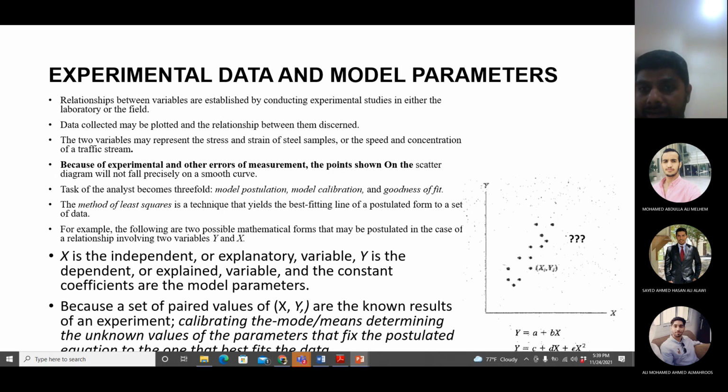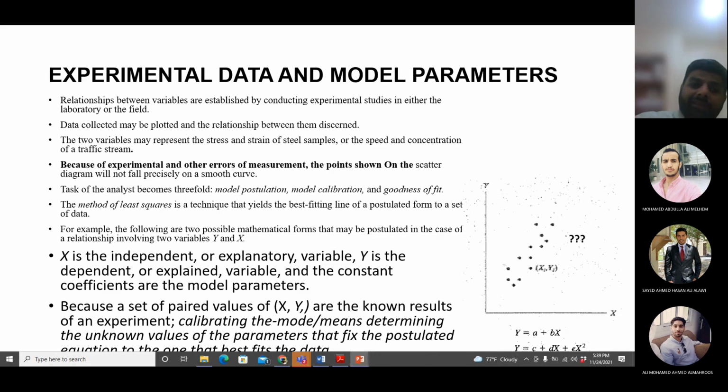What is the difference between the actual temperature and the one which you predicted by the model? In very lay terms, very crude terms, this is what we mean by goodness of fit: establishing the accuracy and effectiveness of the model. So whenever you are developing a model between two parameters or for any experiment, you have to pass through these three stages. What type of model you have, calibrate the model, and then find out its accuracy and effectiveness.